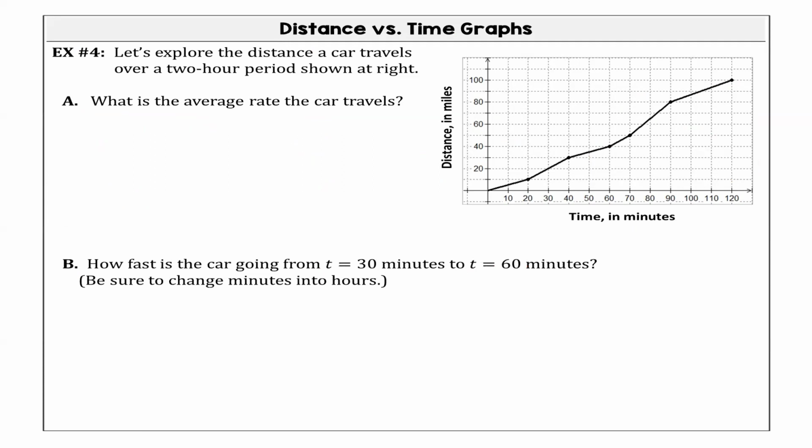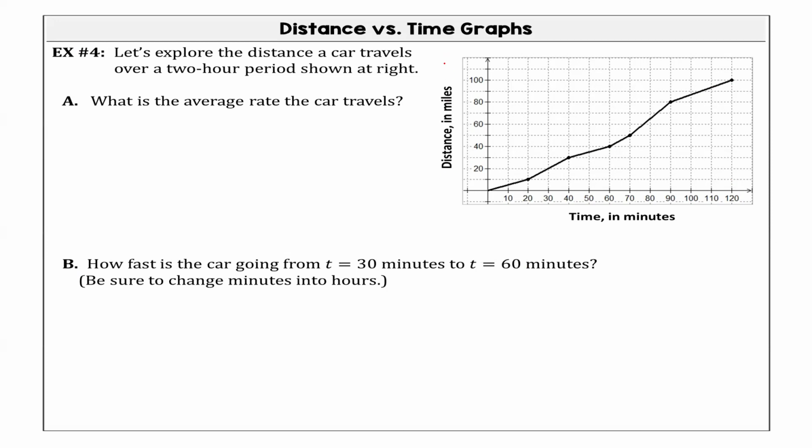However, when you're driving, are you always driving the same speed the entire time? No, your speed is fluctuating. So as you can see, this graph has a fluctuating speed, right? So what it's asking is, what is the average rate of change for the car's travel? So from when I start to when I end, what is my average rate of change? Okay, so we're going to set up and analyze that part.